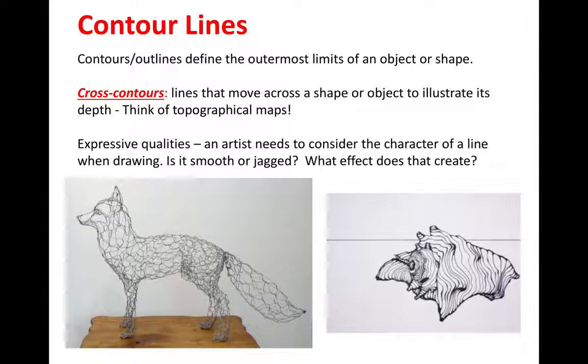It can have very expressive qualities, though, depending on if it's a smooth line or a jagged line. The overall effects can be numerous and mean different things. Some people have a tongue-in-cheek humor. If you see the image on the left, the fox sculpted out of wire, we start to examine it, and we can see the overall cross contours and the illusionistic effect of the lines.